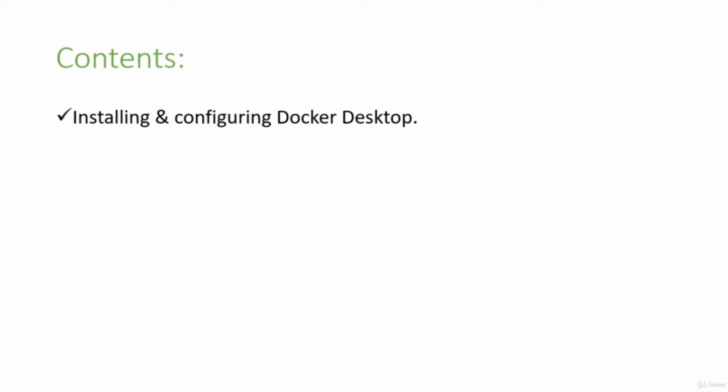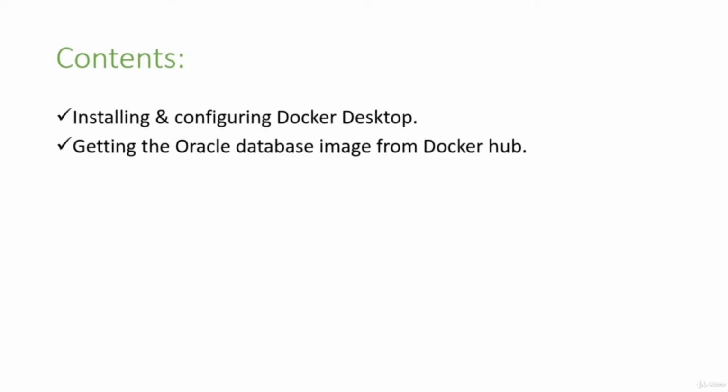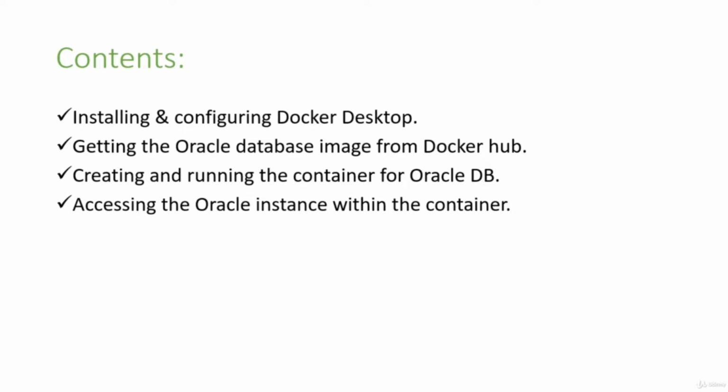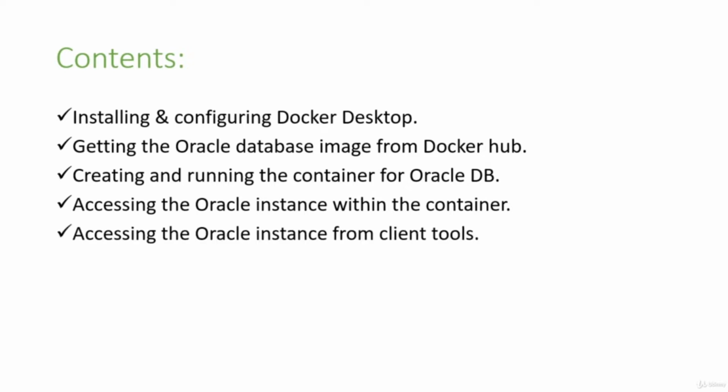So in this, we'll be learning installing and configuring the Docker desktop and getting the Oracle database image from Docker Hub, creating and running the container for the Oracle database, accessing the Oracle instance within the container using SQL command line interface, and how we can connect the Oracle instance running in the container from outside the container using any other tools.